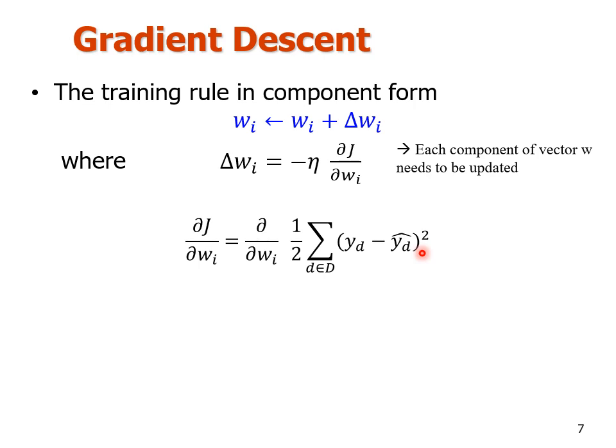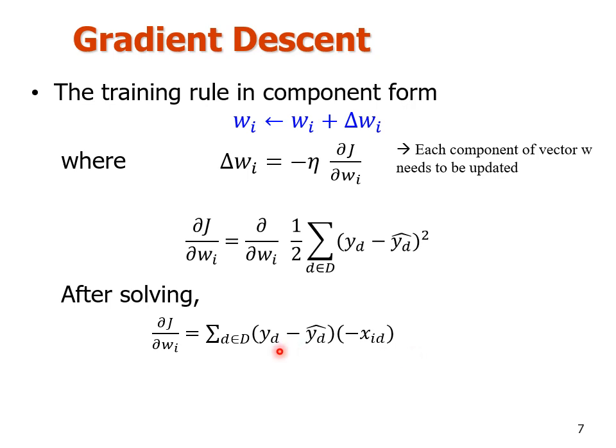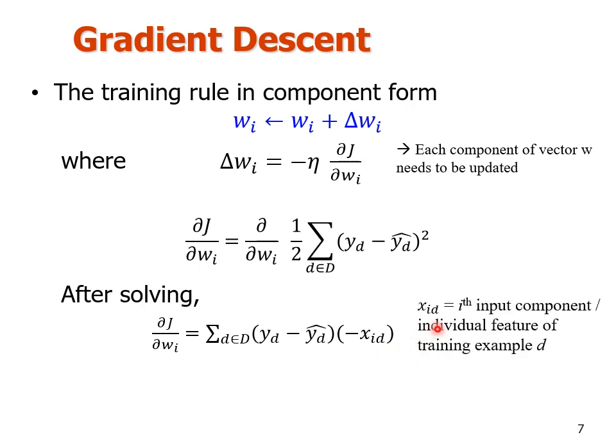We are not going into the details of solving this expression, but finally what we get is the partial derivative of j with respect to wi is equal to summation over small d that belongs to capital D, yd minus yd hat into minus xid, where this xid denotes the ith input component or ith individual feature of training example denoted as small d.